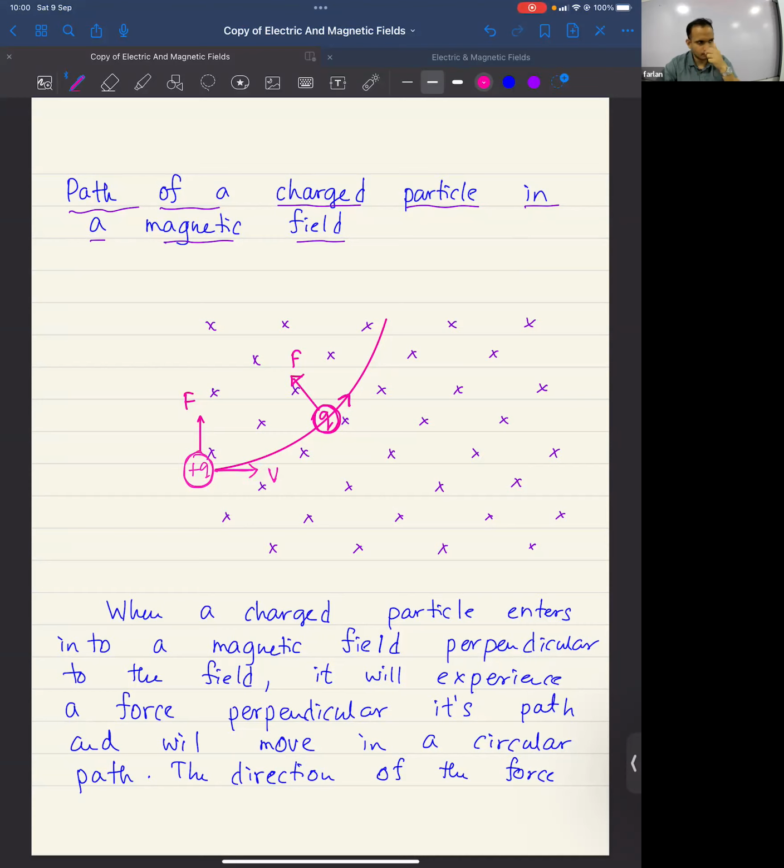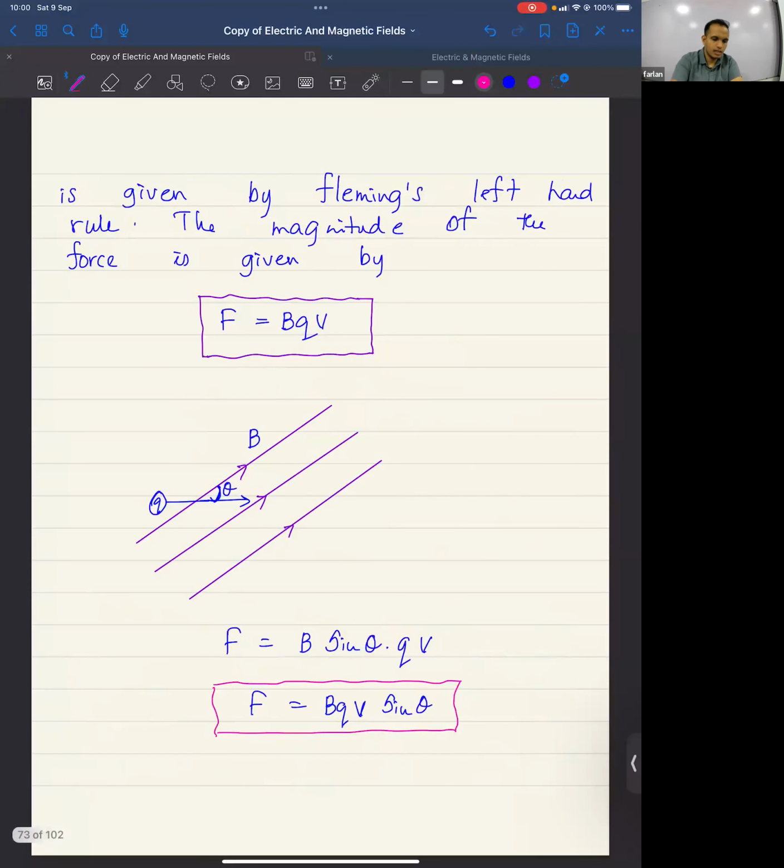Full stop. The direction of the force is given by Fleming's left-hand rule. Full stop.